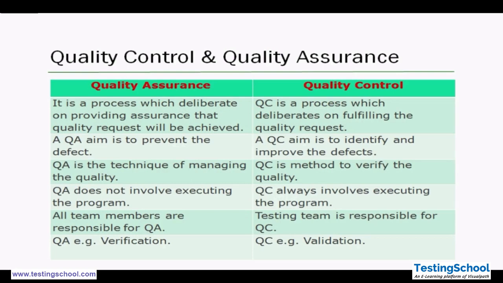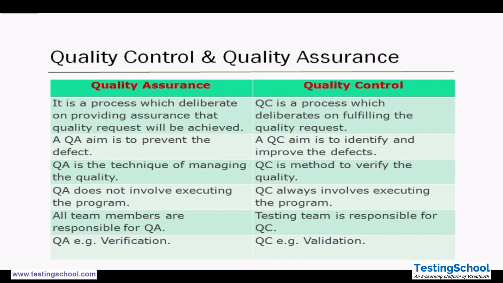QA is a process which deliberates on providing assurance that the quality request will be achieved. But QC is the process which deliberates on fulfilling the quality request. The quality assurance aim is to prevent defects. The quality control aim is to identify and improve defects. QA is the technique for managing the quality, but QC is the method to verify the quality.